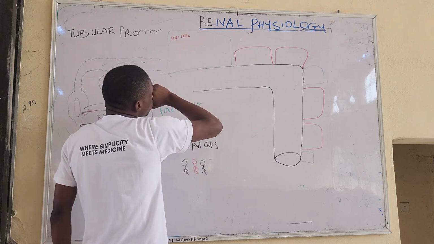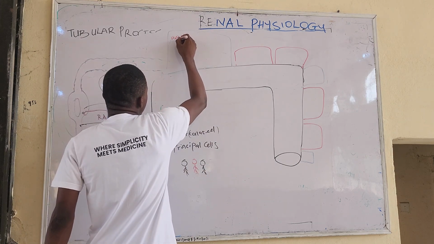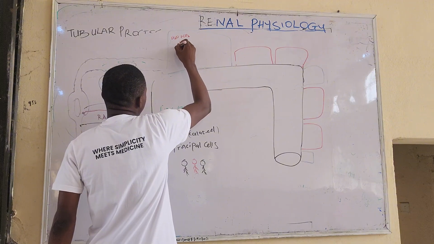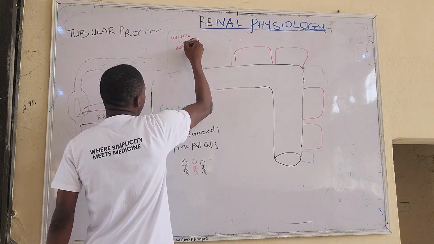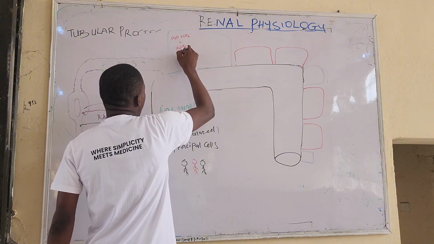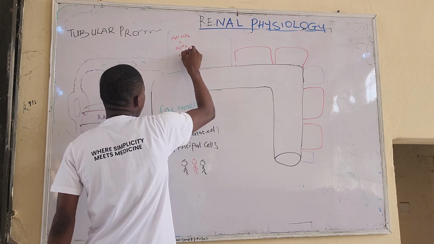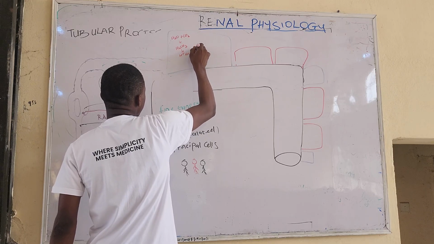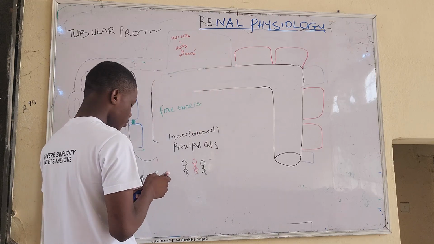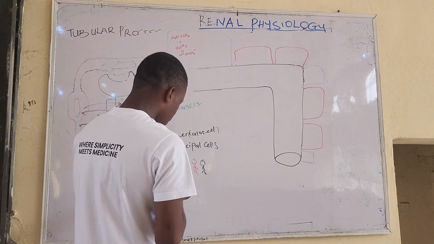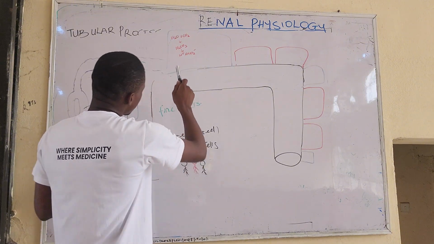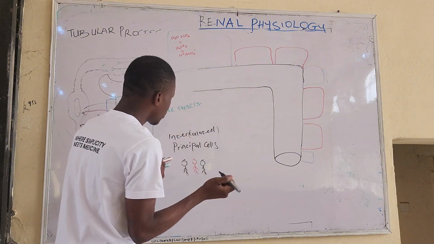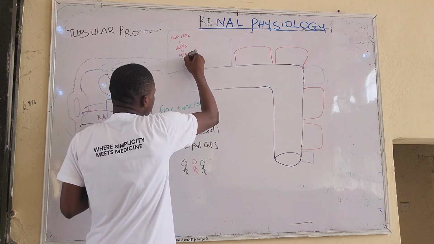So water plus CO2 react, it will give us what? H2CO3, right? This is going to give us what? Hydrogen plus HCO3 minus. Is it clear? Now, this hydrogen will come like this.